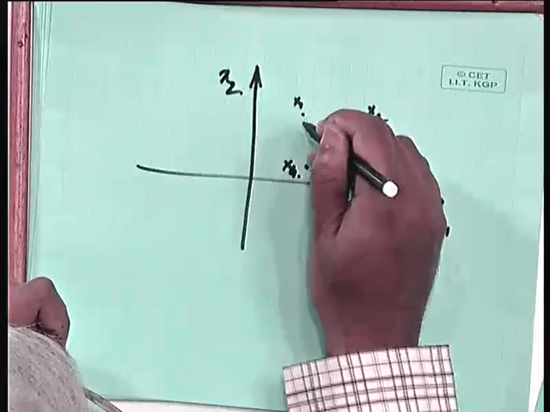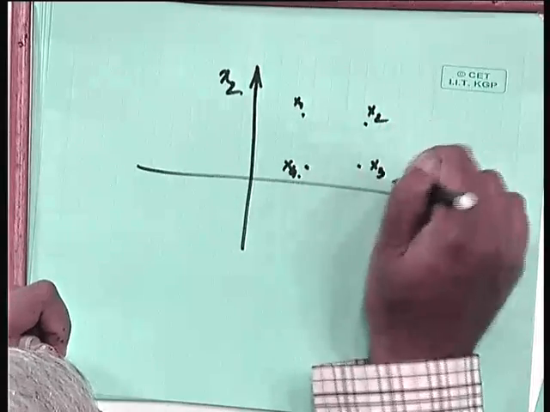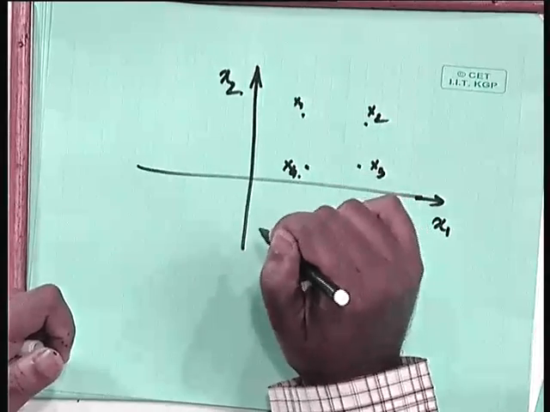Now, using the same linear function, can we shatter 4 points? The general consensus that is emerging out of this class is that we cannot. In fact, you can look at it this way: you have 4 points, x1, x2, x3 and x4, and there are 16 possible combinations of patterns.